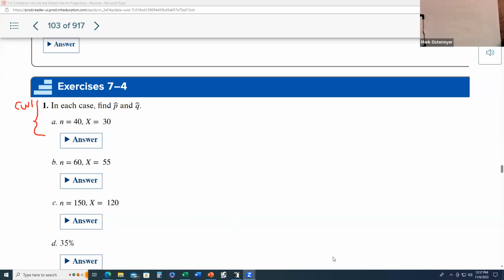All right, this one is pretty simple. All you're gonna do here is define p hat, and you're gonna just take x and divide it by n. So of our sample of size 40, 30 of the data values exhibit a trait of interest, whatever that might be, divided by 40. So p hat is going to be 3/4, which as a decimal is 0.75.